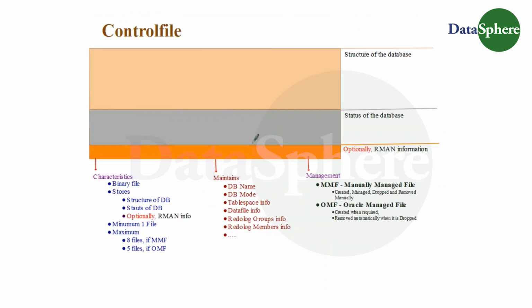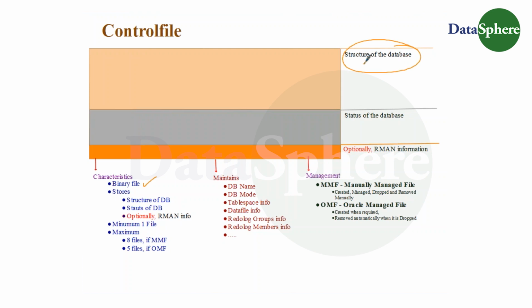So next most important file is control file, which is again a mandatory file of database. Similar to data file and redo log file, control file is also a mandatory file. If you take characteristics, it is a binary file. It's meant for storing structure of database.